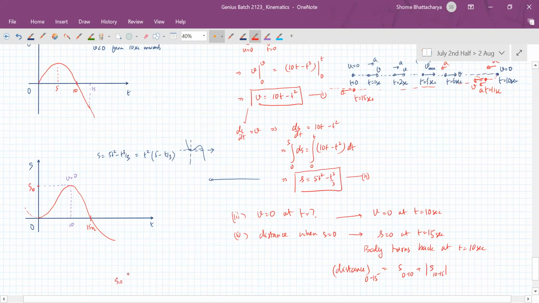So s at 10 you can see is 100 into 5 minus 10 by 3. So 100 into 5 by 3, or more precisely, 1000 by 3 meters.